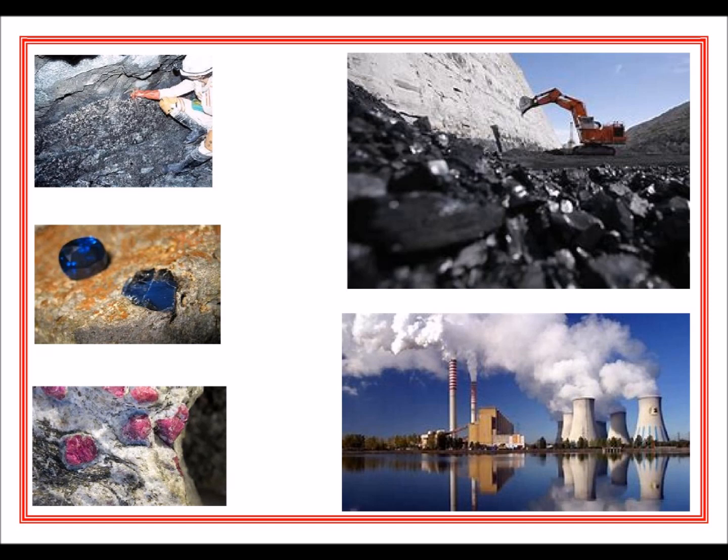Many types of metals are mined in Mpumalanga. Mpumalanga is also where most of South Africa's coal comes from. What is coal used for? To power electricity. Coal power stations can be found here.